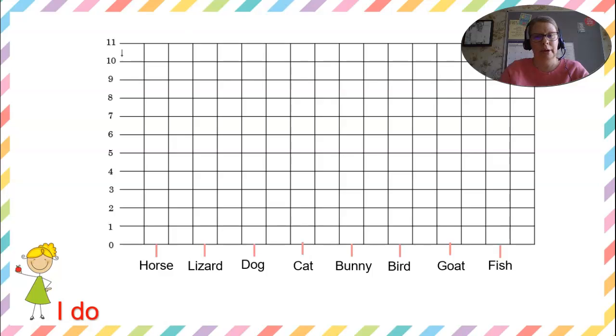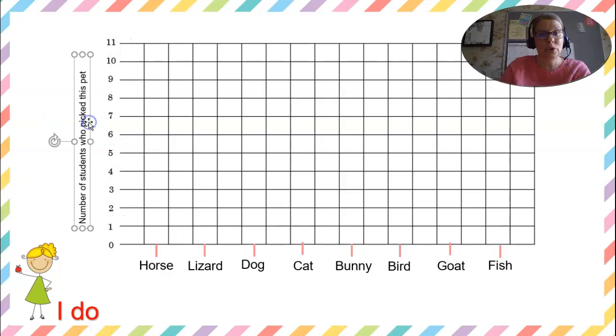That's an important part. So I'm going to type number of students who picked this pet. And I'll make it sideways. Okay, so that way you know what those numbers represent. And I'm also going to make a title.